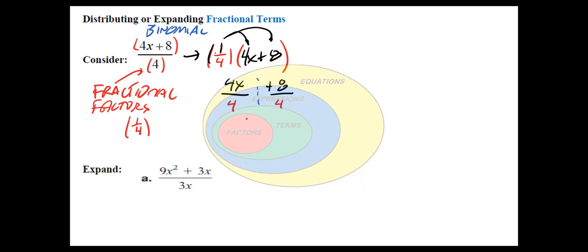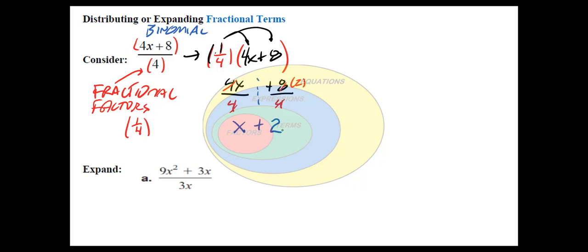So now we can simplify each fraction. 4x over 4, we can cancel the 4's, and this term would just be x. And 8 over 4, we can cancel the 4 with the 8, leaving 2. And this would just be plus 2.